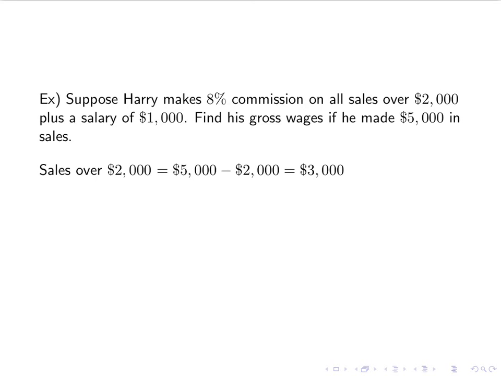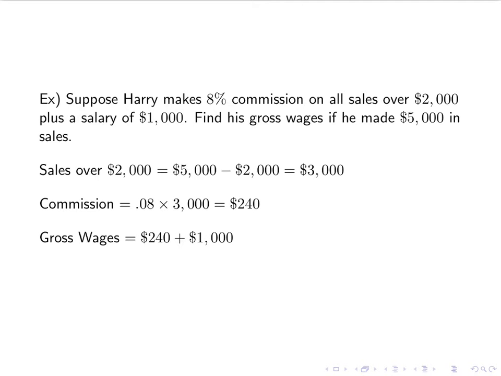Now it doesn't say net sales. It also doesn't have any returns. So this 3,000 is what he's going to get commission on. So his commission is 8% of 3,000, which is 240. His gross wage is going to be his commission plus his salary. So the 240, his commission, plus his salary gives us $1,240.